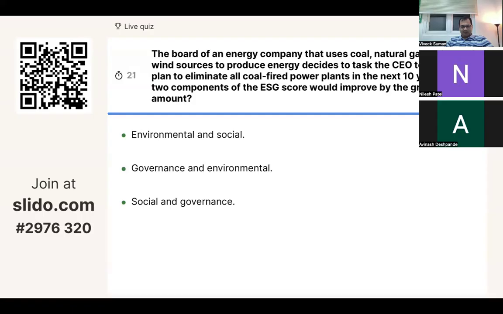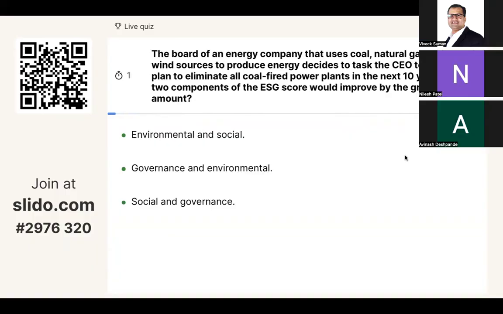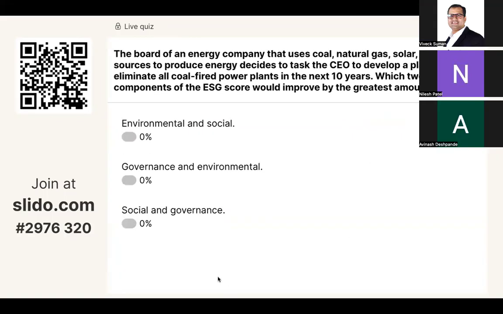The board of an energy company that uses coal, natural gas, solar, and wind resources to produce energy decides to task the CEO to develop a plan to eliminate all coal-fired power plants in the next 10 years. Which two components of the ESG score would improve the most? Environmental and social, governance and environmental, or social and governance.